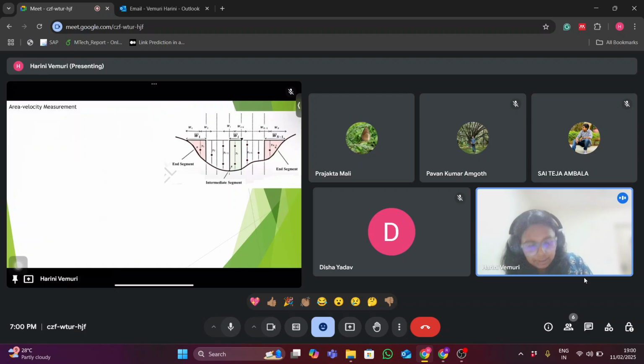So in case of large streams, we will have a ropeway and current meter together, and we will be measuring the flow velocity at different points across the cross section. Till now we talked about how the velocity varies with respect to depth, right? Across the cross section also the velocity will vary, so we have to take multiple measurements in case of large streams.